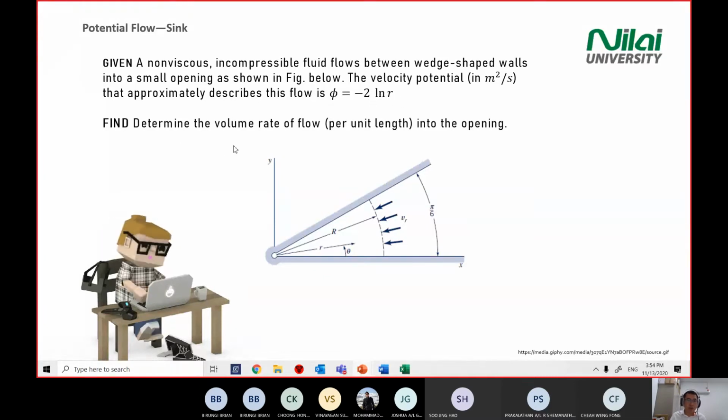We need to find the volume flow rate, which is our m, per unit length into the opening.